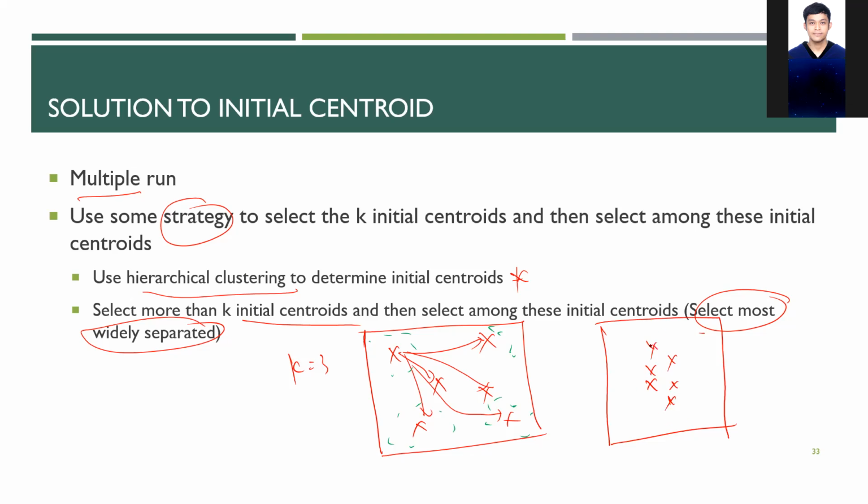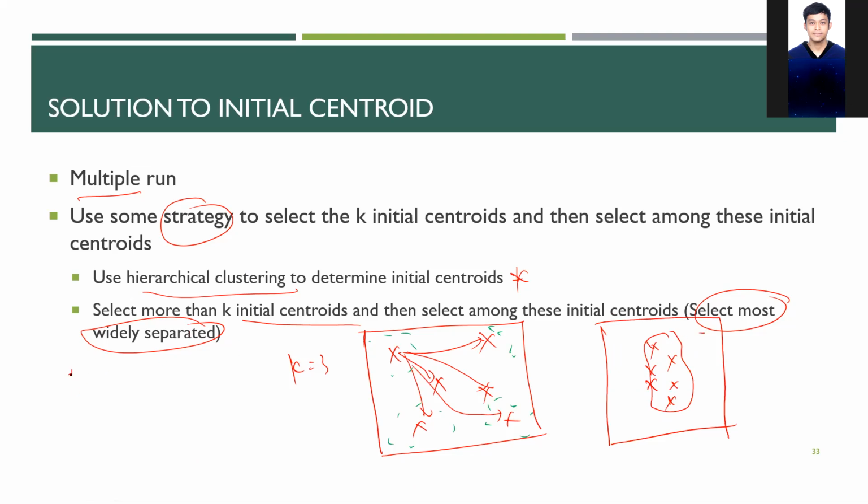In this case, usually the clustering result will not be very efficient because the initial centroids are very close to each other. So it's like only one cluster.